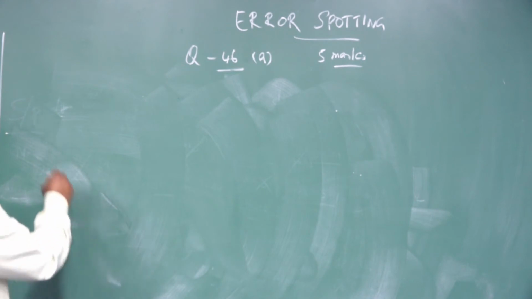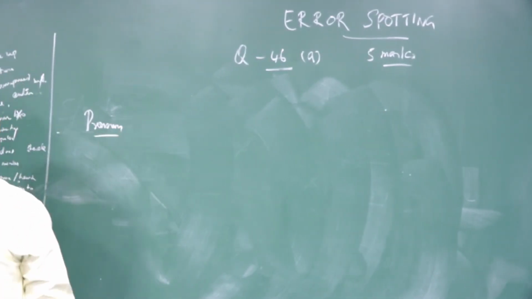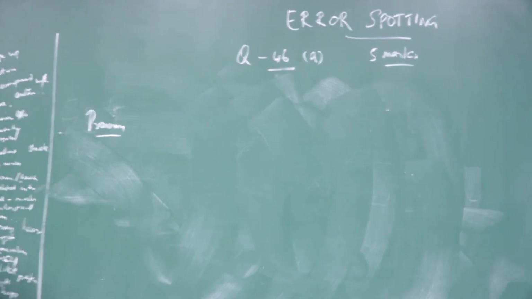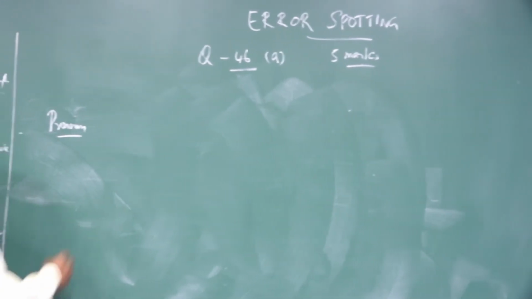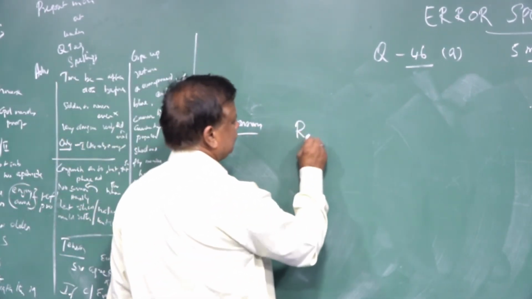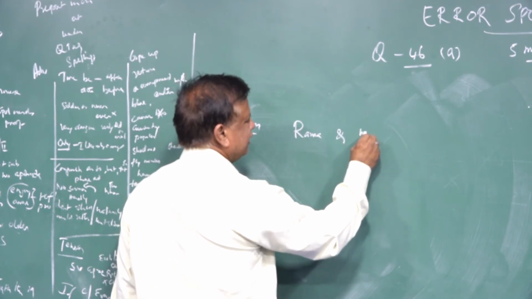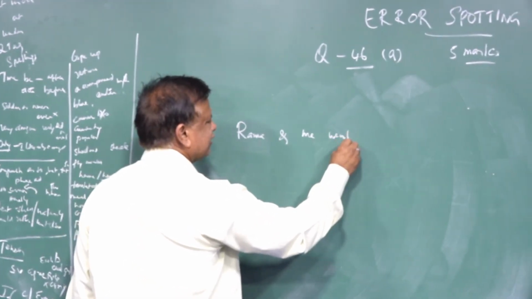So, after the nouns, let us go to the usage of pronouns. When I use this pronoun, say Rama and me went to the market.